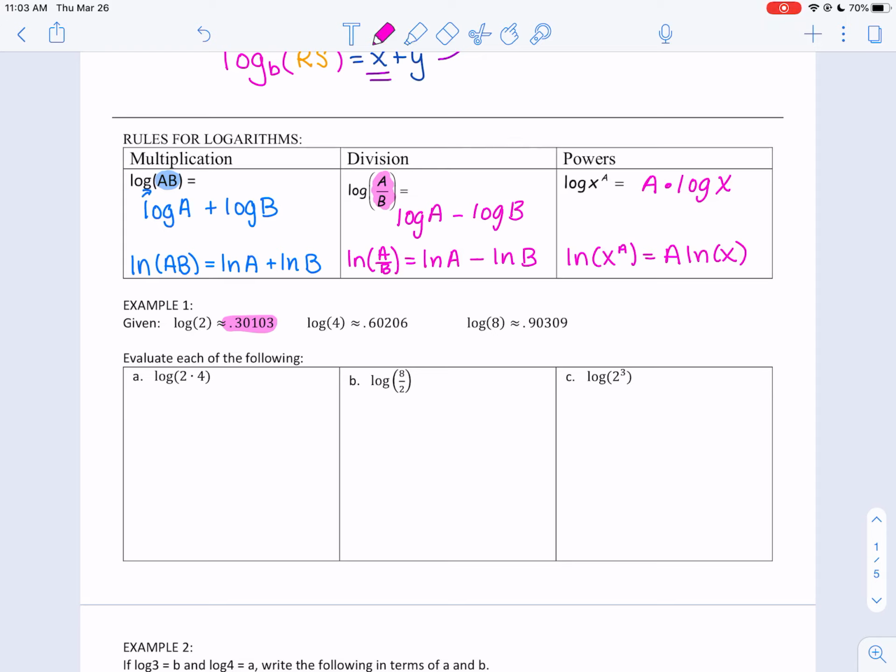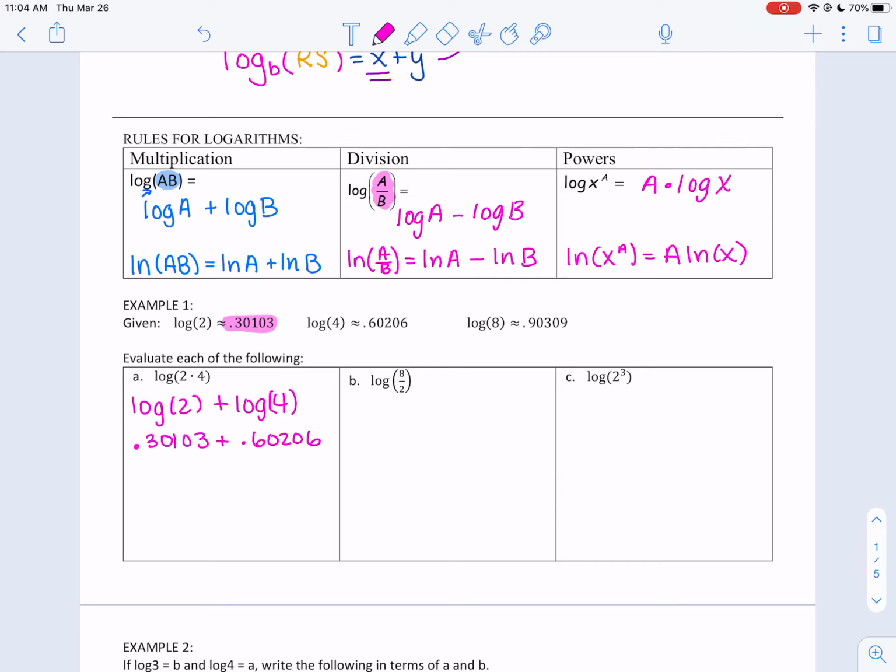If you look at the first expression here, it's asking you for log of 2 times 4. Notice with multiplication, we can rewrite this as log 2 plus log 4, using addition to separate the two factors into two separate logs. If that's the case here, this would be 0.30103, and we'd be adding 0.60206.